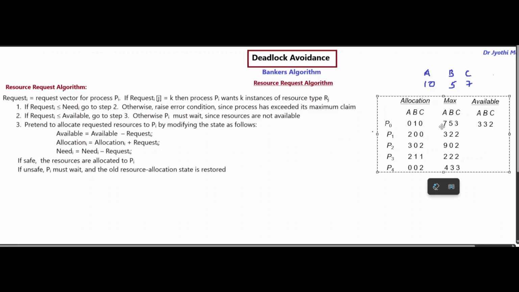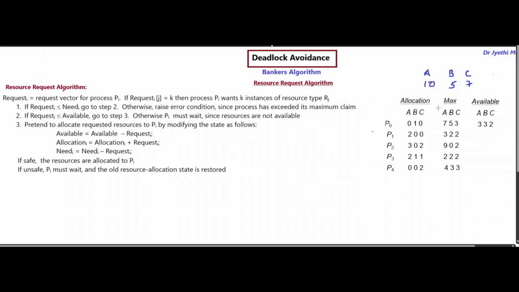The maximum of A is 10, out of which we have allocated 2, 3, 5, and 2 to resource A, which is 7. Out of 10, 7 has been allocated, so available is 3. Out of 5, the same way, the available of resource B is 3. Out of 7, 5 have been allocated for the last resource, then 2 is left. So this is the available.